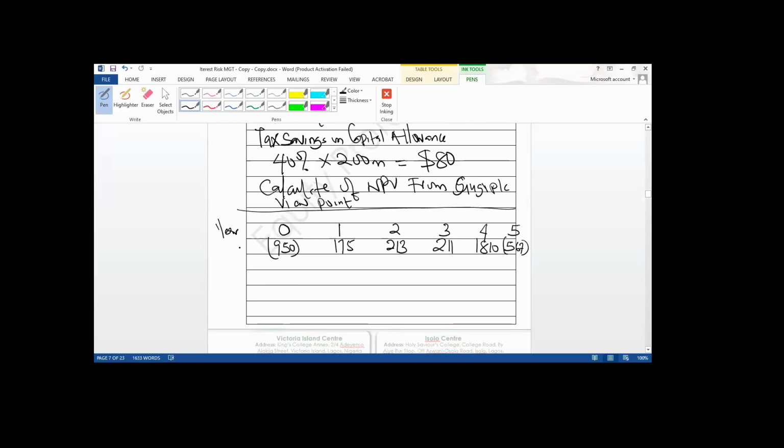Now these are in F dollars. We need to convert it to Naira. We now come with the exchange.